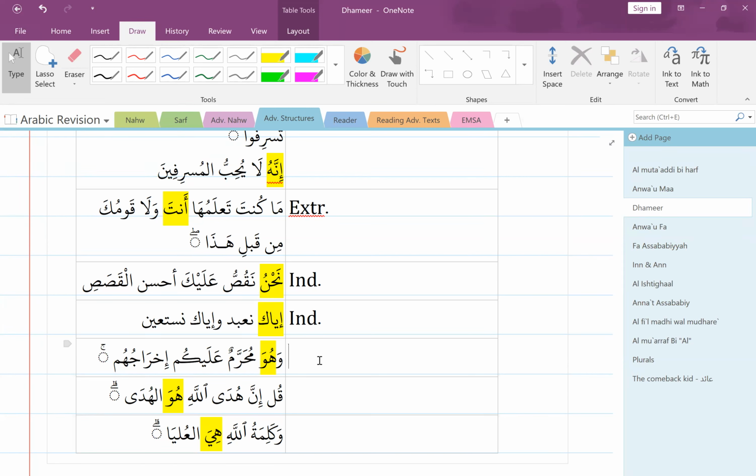Then we need to know the entire thing before that, because there is no way to find out otherwise. True. I was thinking it to be like a wow haliyya, and something was going on before. Actually, it's not. So it's wow istinafiyya. It's wow beginning a new sentence.